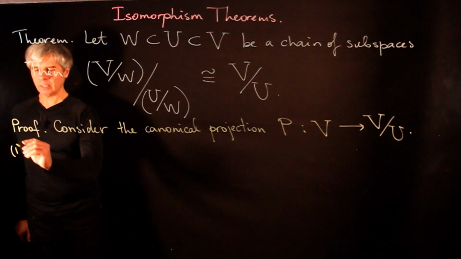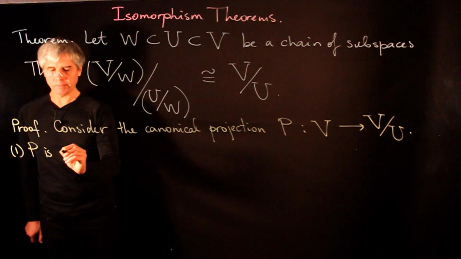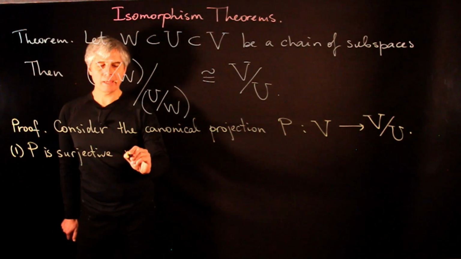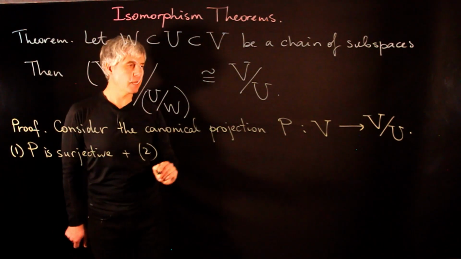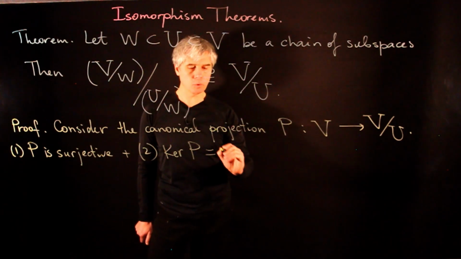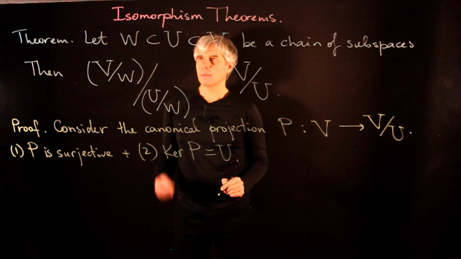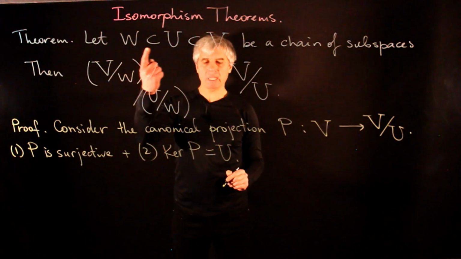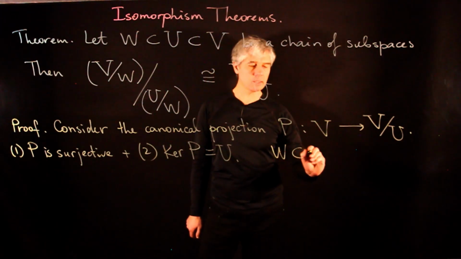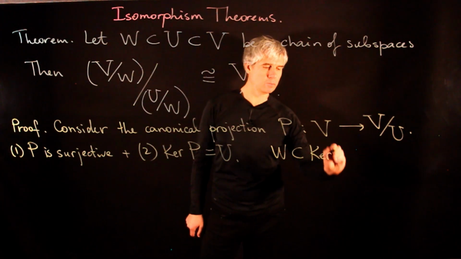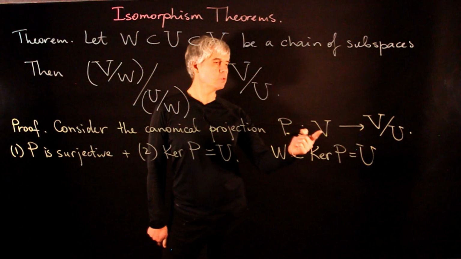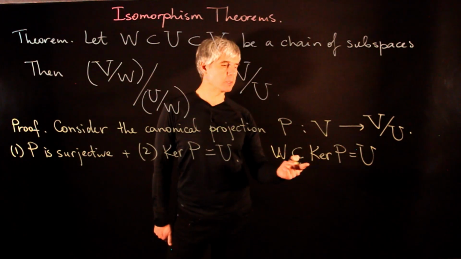Well, we know that P is surjective, and we also know that the kernel of P is equal to U. But here we have a chain of subspaces. We have that W sits inside the kernel of P, which is U. And now we're in a situation of the second homomorphism theorem.